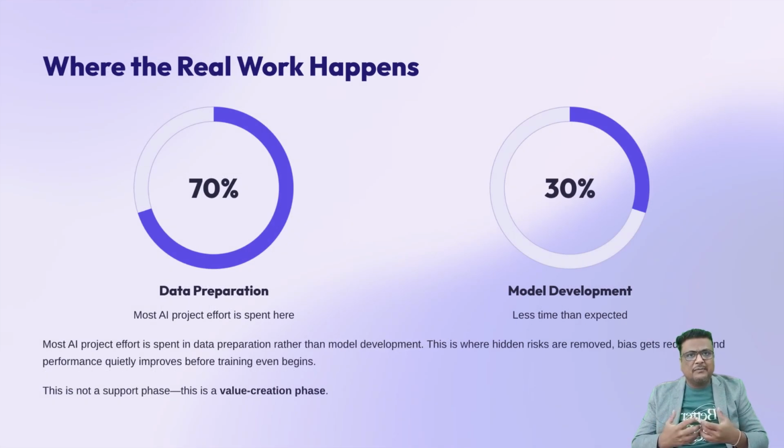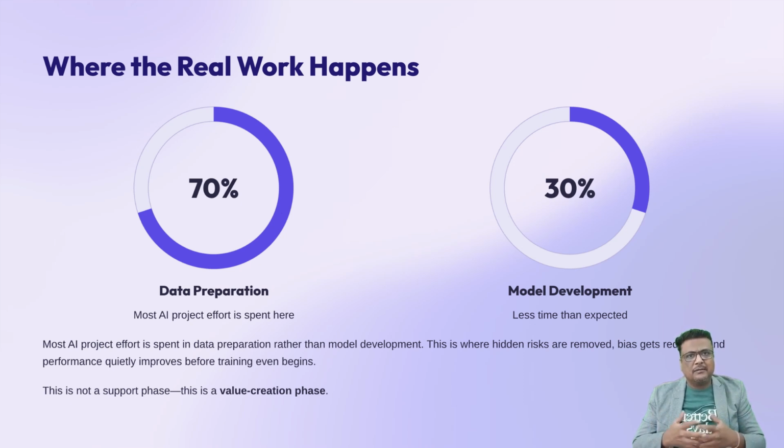Let me share something very practical that learners love to hear. Most AI project effort is spent in data preparation rather than model development. This surprises many people. They imagine AI projects as glamorous modeling work. In reality, most of the real work happens right here.